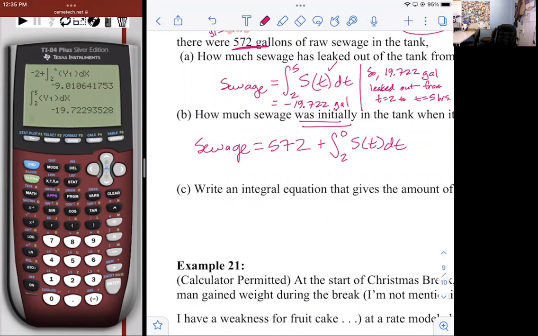Even if that were a minus for some reason, there'd be no reason to do that. All right, so let's go ahead and type it in now. 572 plus math 9 from 2 to 0. And our function's in y1, alpha trace number 1 with respect to x. It's working.